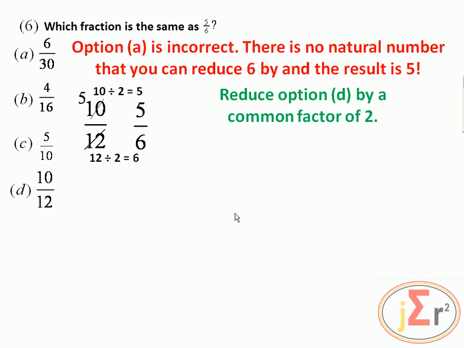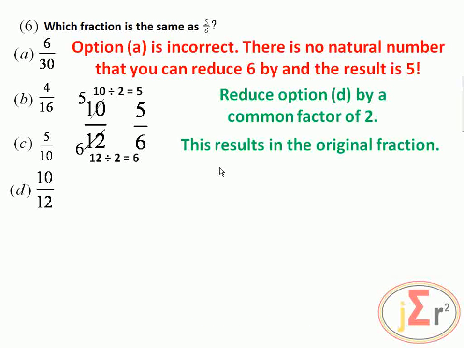Yes. So we have 5/6 when we reduce 10/12 by a common factor of 2. This results in the original fraction that we have in the statement of the problem.